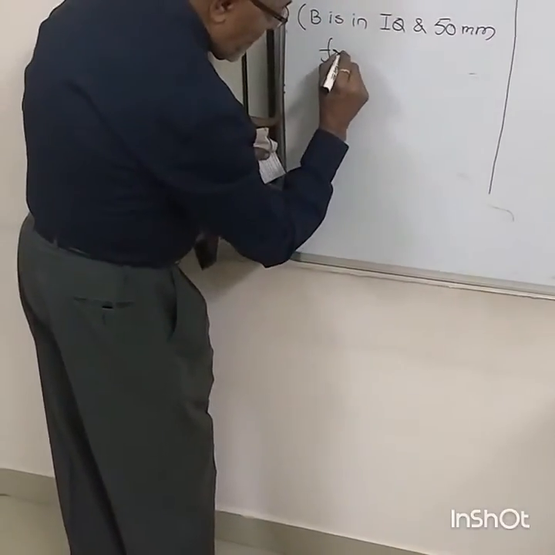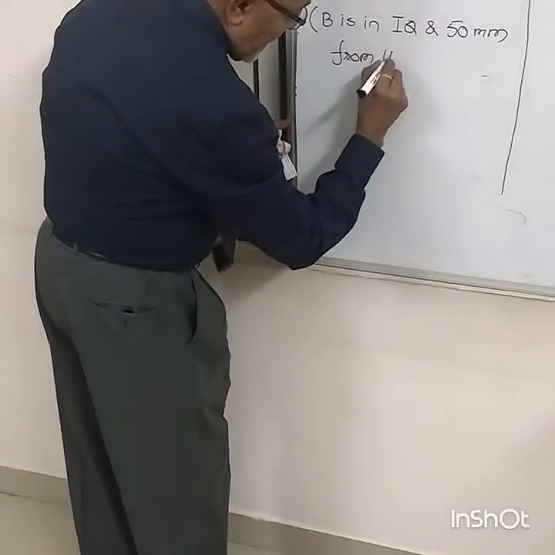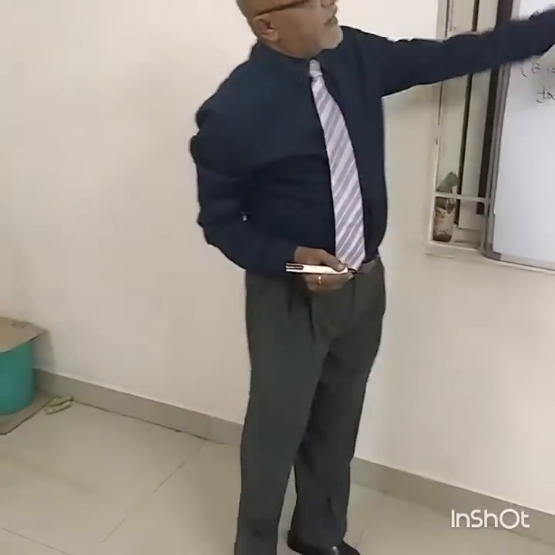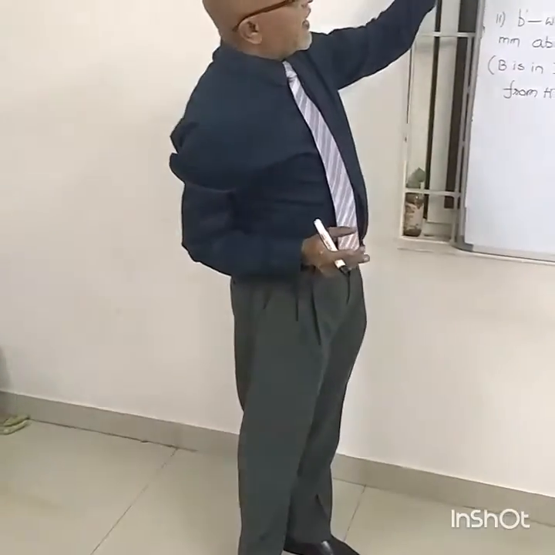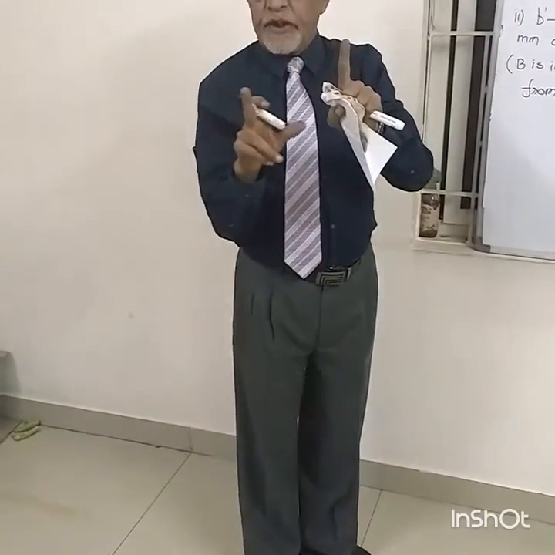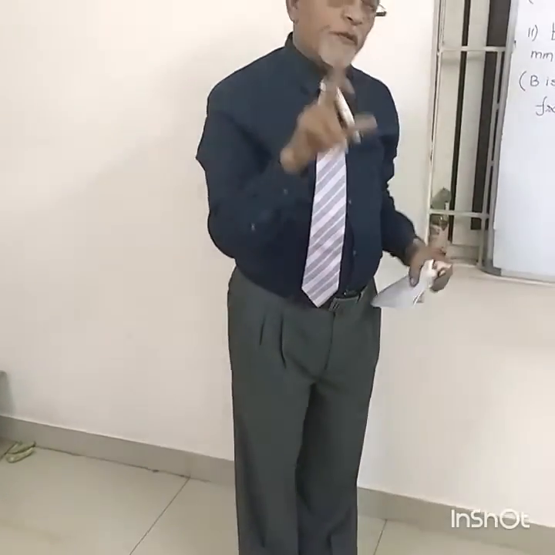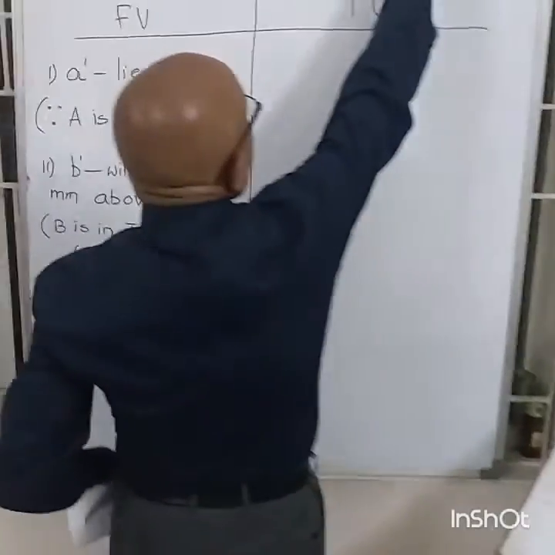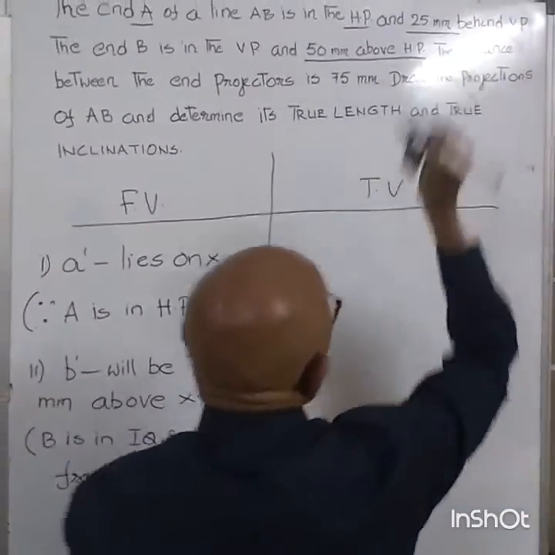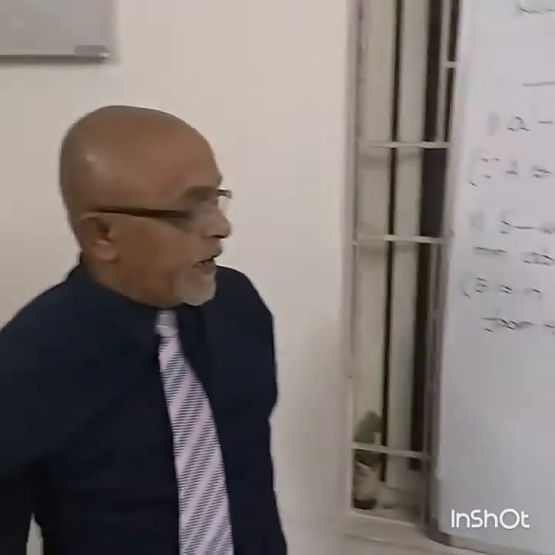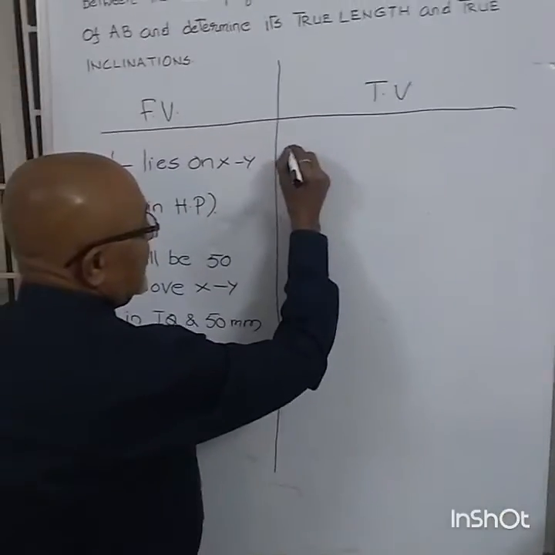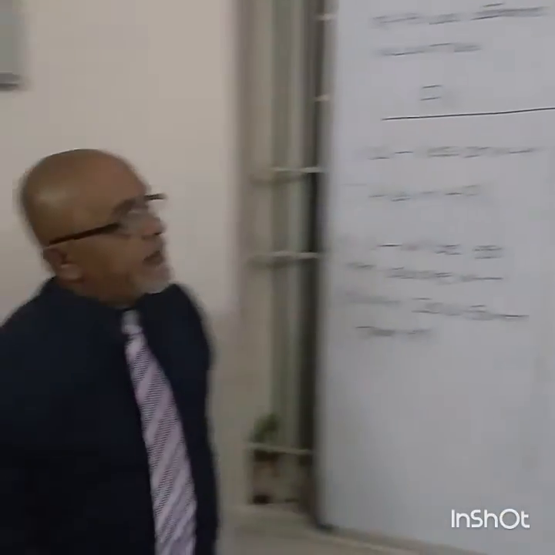Then the other end of the straight line B, the top view of B: any distance from the vertical plane is represented in the top view. Now the point is on vertical plane, which means the distance of the point from vertical plane is 0, and we say any distance from vertical plane must go to top view.